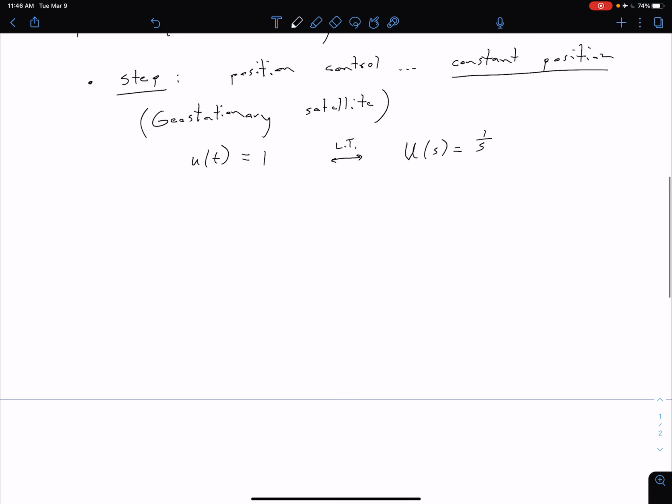The second common input that we're going to look at is a ramp input. Our ramp input is going to be relevant for velocity control systems. For velocity control systems, this is going to correspond to a constant velocity.